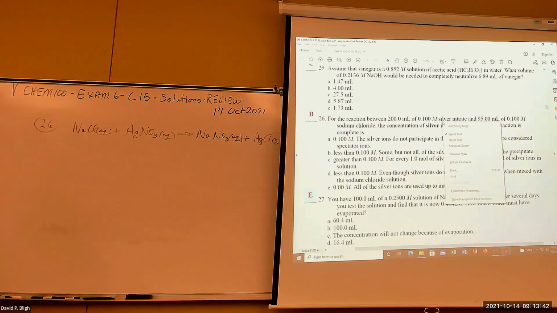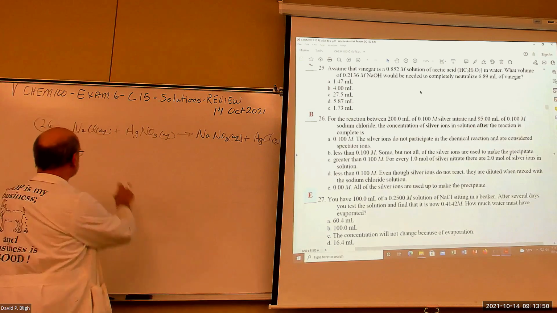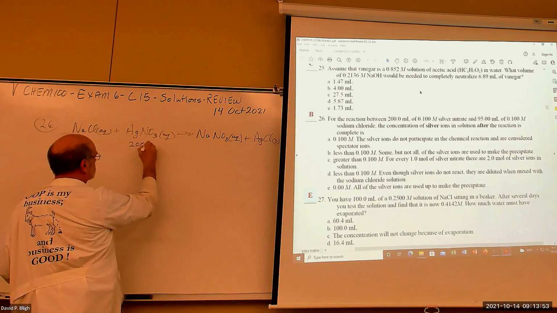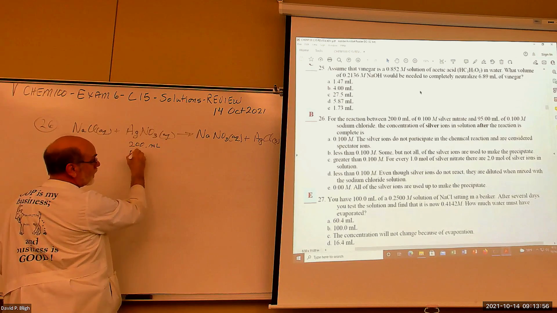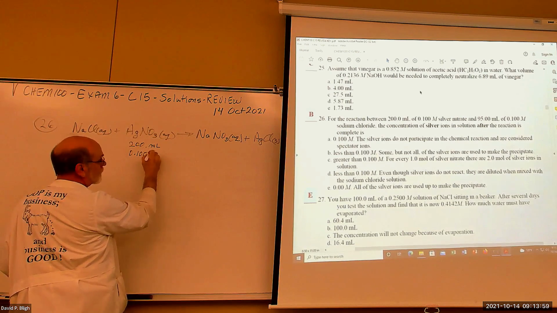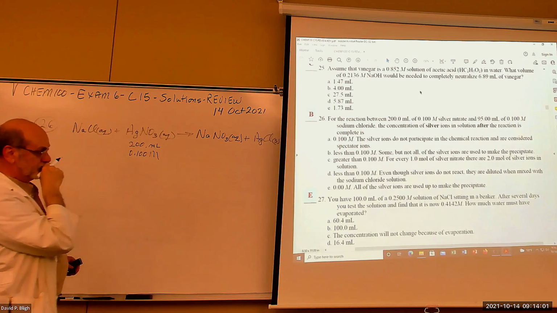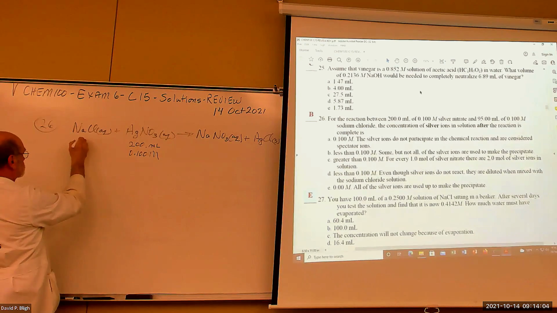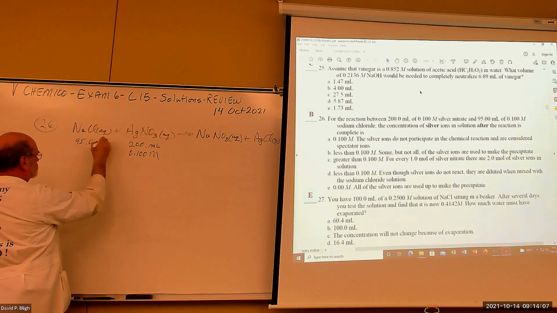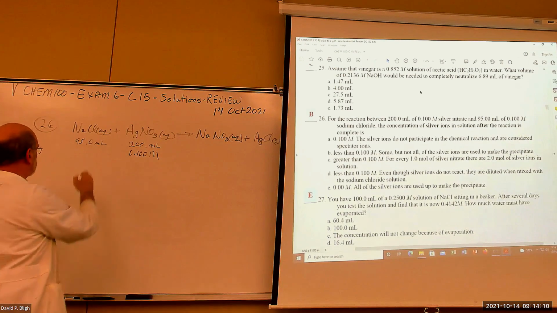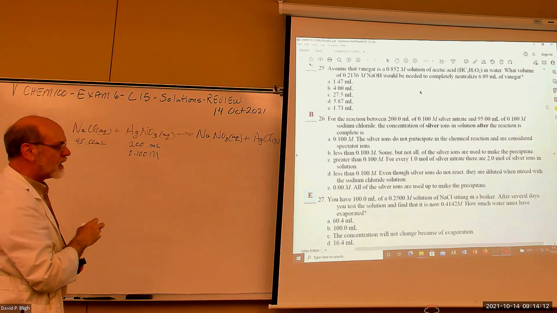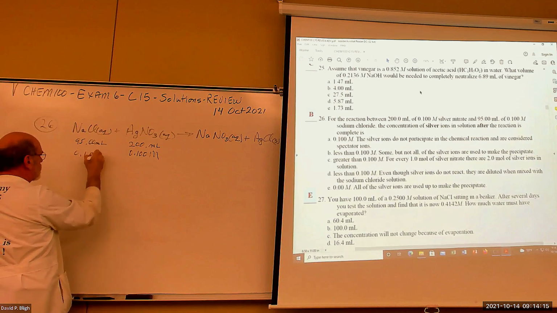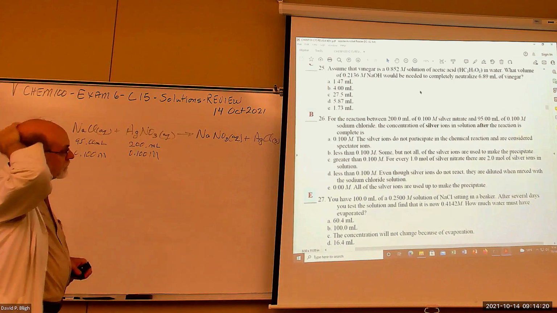Okay, now we're given 200 milliliters of 0.100 molar silver nitrate, and 95 milliliters of 0.1 molar sodium chloride.